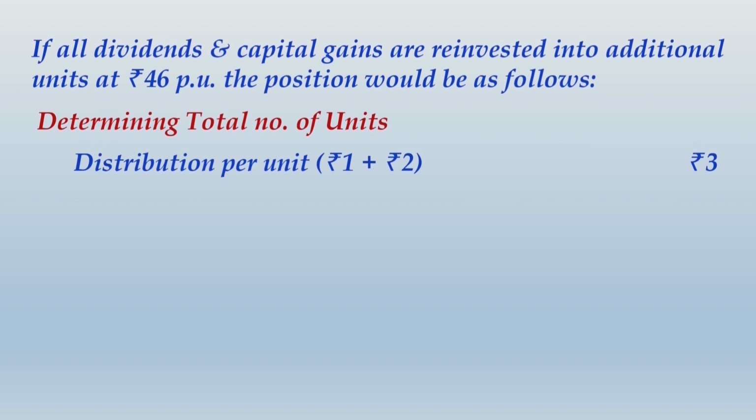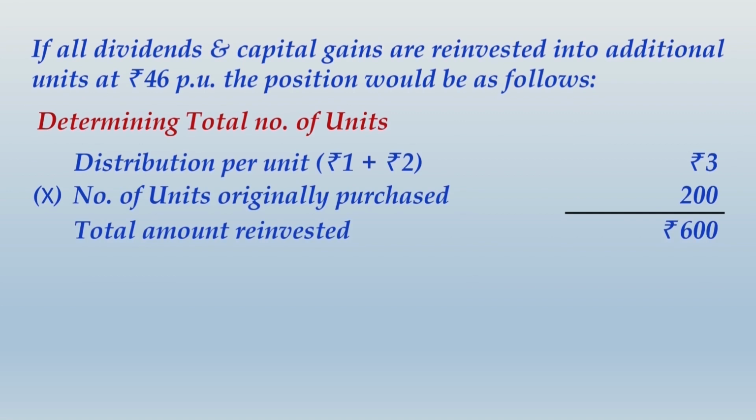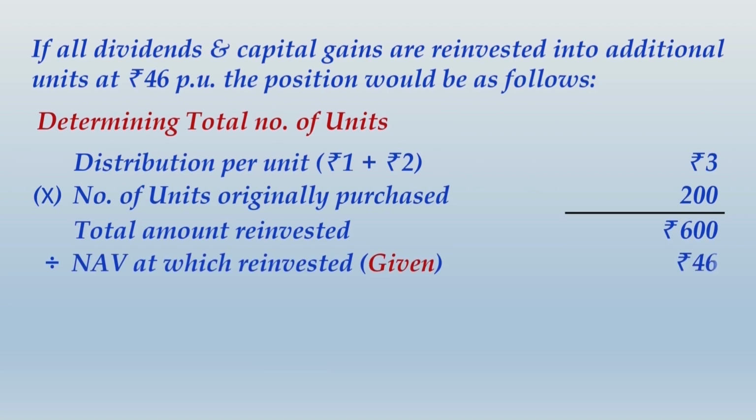Now this rupees 3 per unit should be multiplied to the number of units this investor originally had, and those were 200 units. So the total amount that would have been received and got reinvested must be rupees 600. Reinvestment, however, was made not at 48 but at 46. So what will happen?